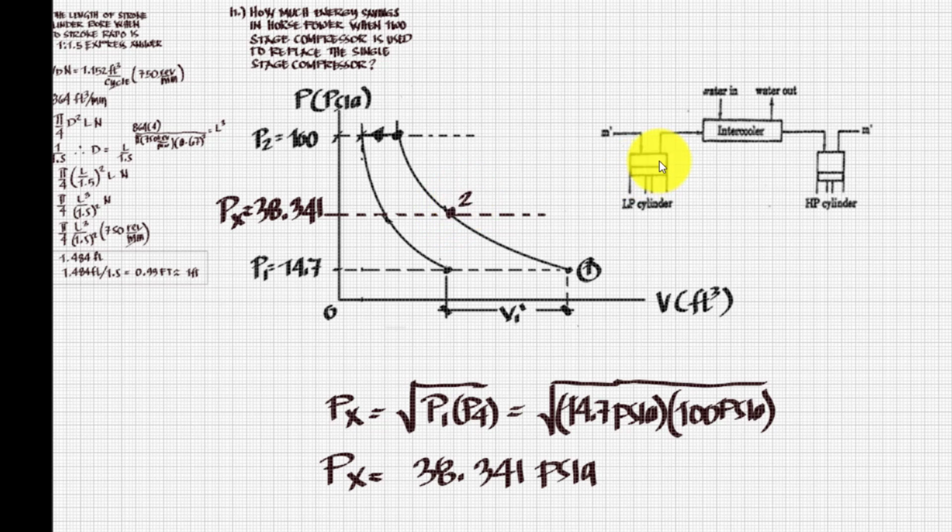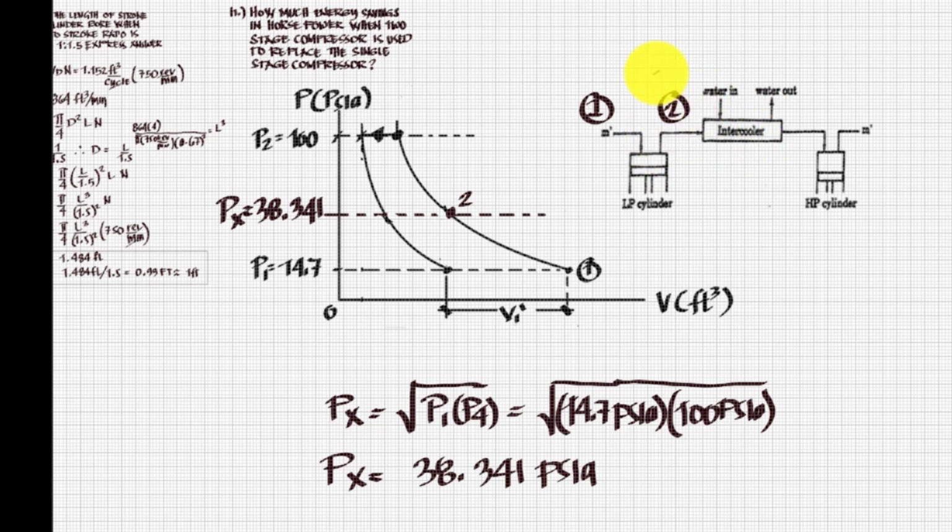Then, referring to this figure, if we will try to interpret it, this is our point 1, and this is my point 2 part. So, this is 1 and 2, and then what will happen is that after the point 2, there will be an intercooler.